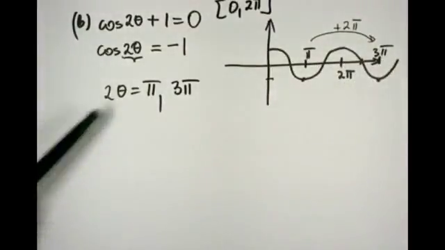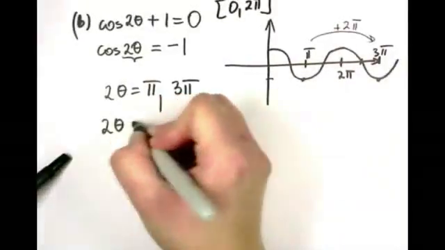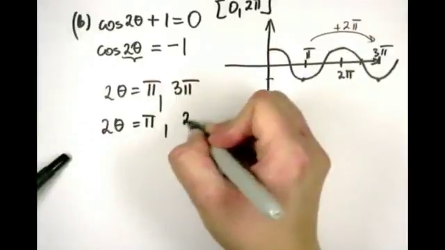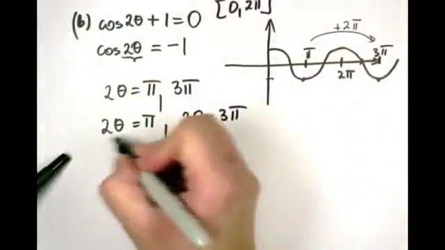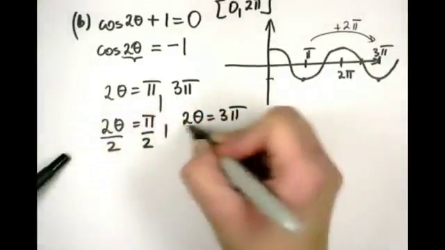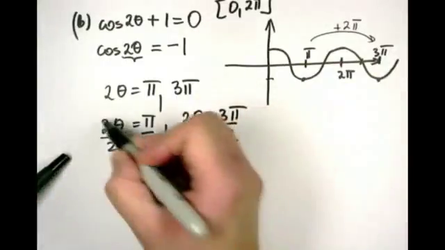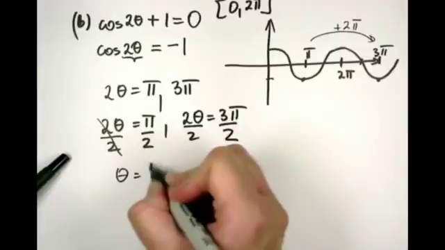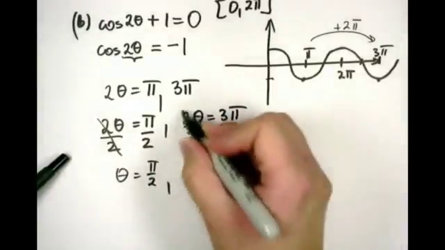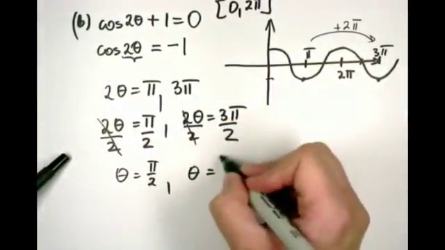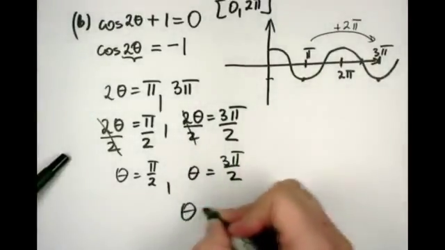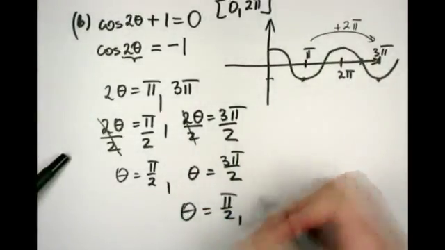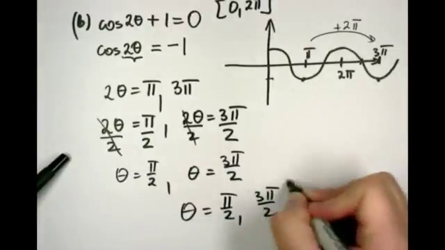So then we have 2 situations: 2 theta is pi, and 2 theta is 3 pi. Then we divide by 2. So my theta is pi over 2, and my theta is 3 pi over 2. So that's my solution: theta is pi over 2 and 3 pi over 2.